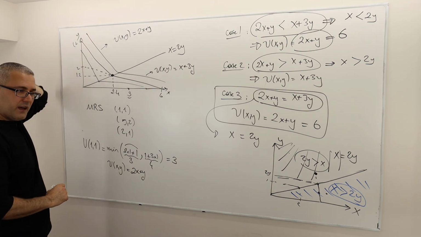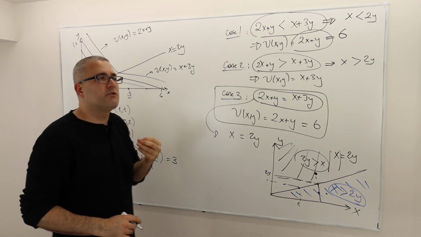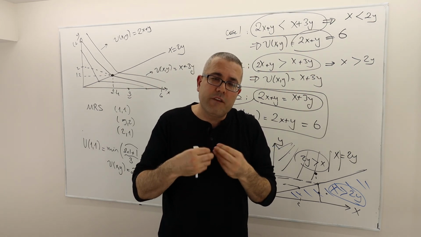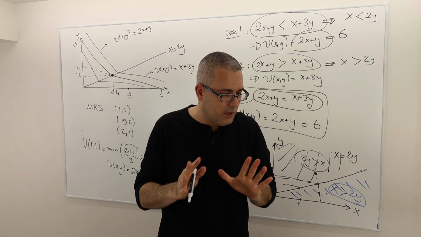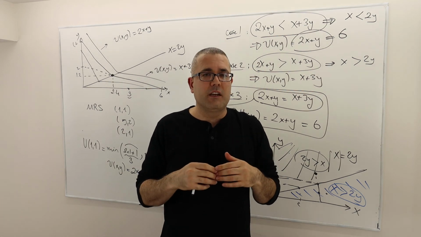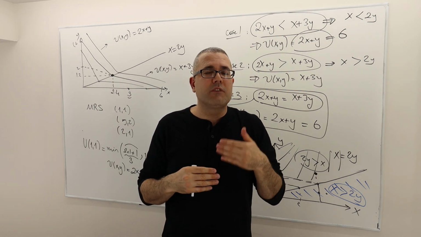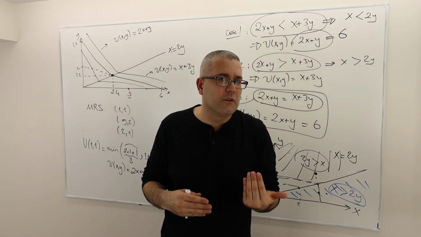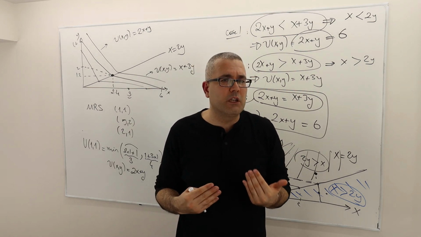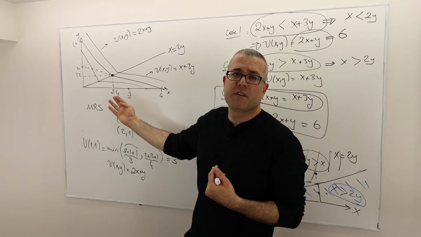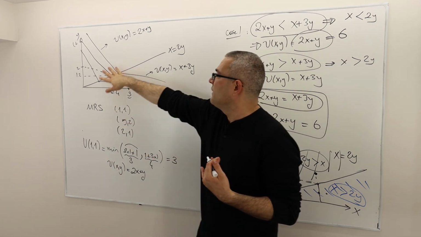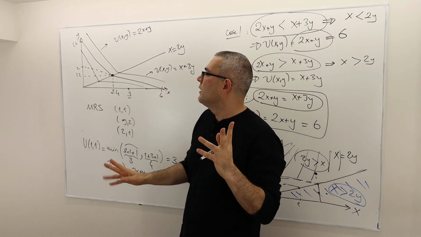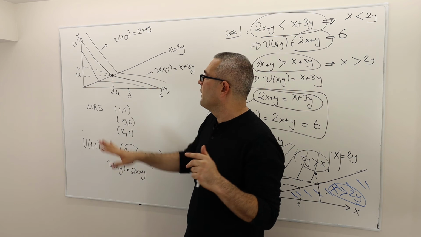So therefore, what is the marginal rate of substitution? The marginal rate of substitution is the slope of the indifference curve. All right, so that's what I'm trying to figure out. What is the slope of this indifference curve? Clearly, the slope of this indifference curve has three important points.